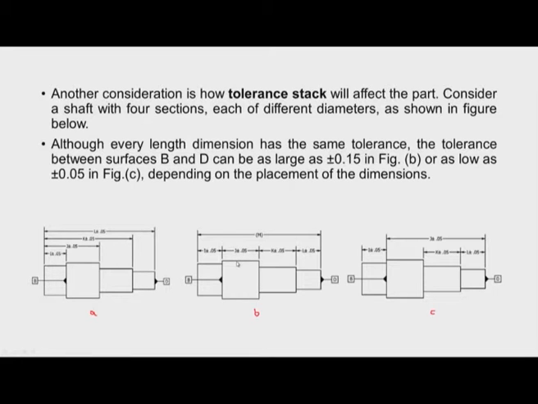If the tolerance is specified like this, the tolerance between surfaces B and D can be as large as plus or minus 0.15, and if the specification of tolerance is like this, then the tolerance can be as low as plus or minus 0.05. This the design engineer should understand, and he should carefully assign the tolerances.